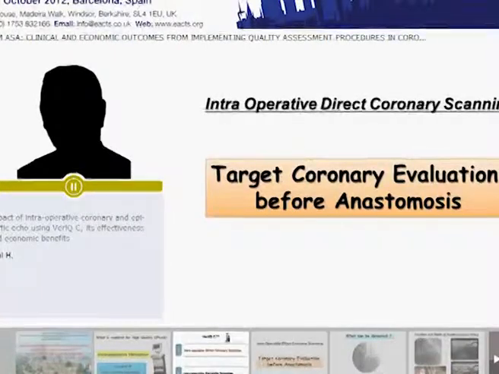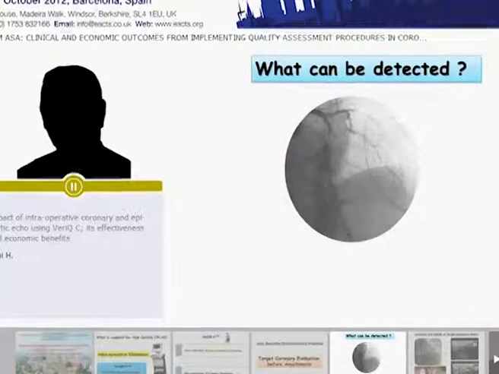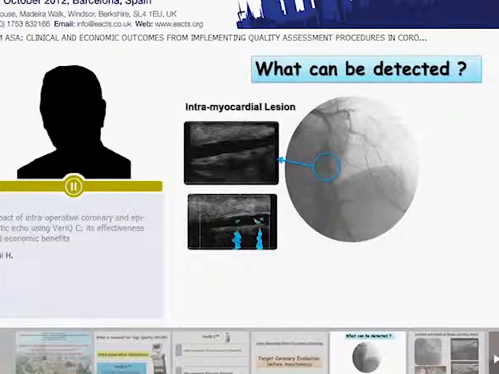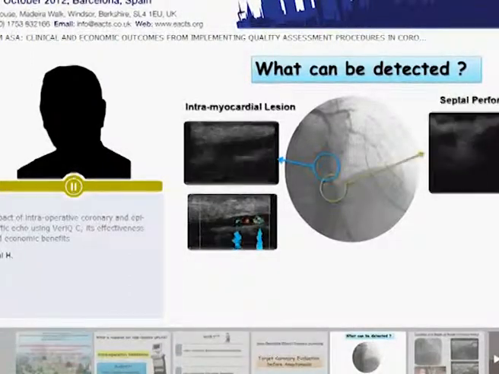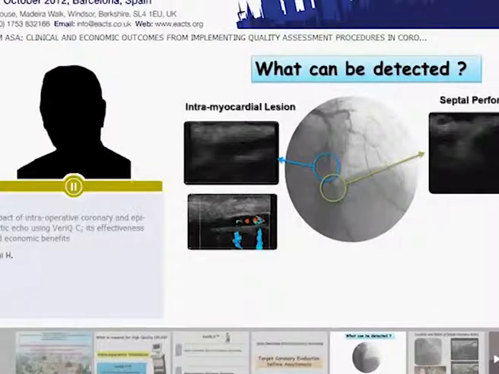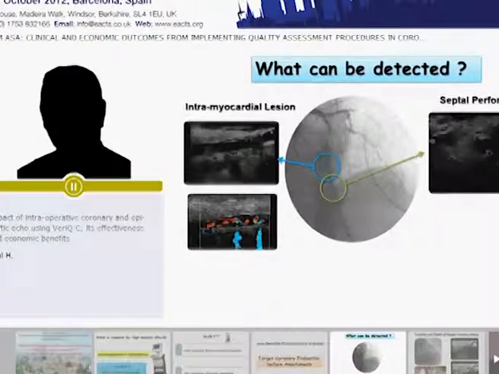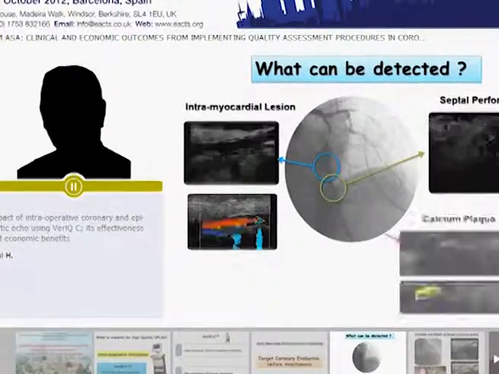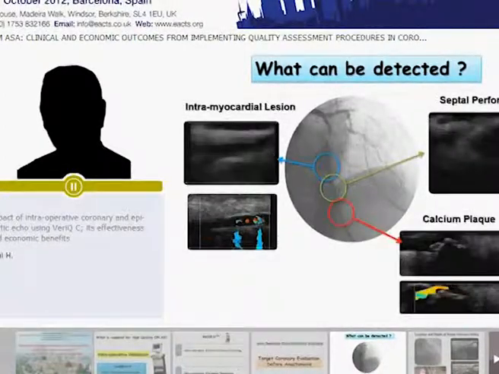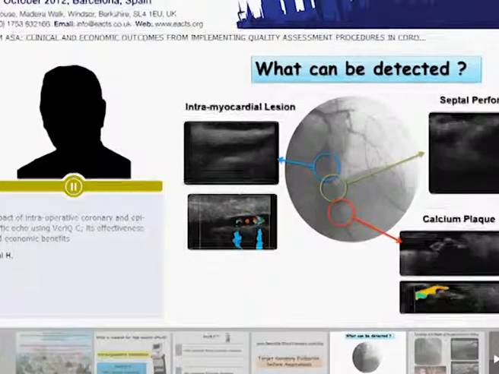Intra-operative direct coronary scanning: before the anastomosis, we start target coronary evaluation. So what can be detected? Intramyocardial lesions are very clearly detected. When there is a septal perforator, you can see it, so when you put the purse string sutures during the OPCAB procedure, you can avoid injury to the septal perforator.